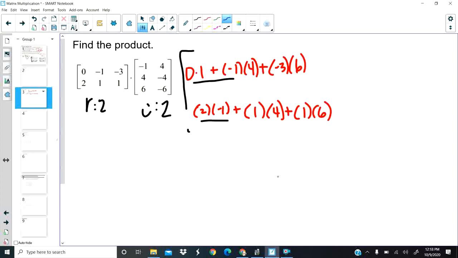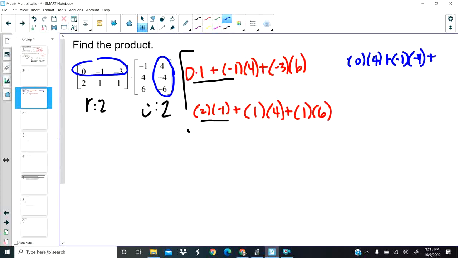So now I'm going to start on my second column in my resultant matrix. So to find row 1, column 2, I'm going to use row 1 from my first, column 2 from my second. So I would have in this position 0 times 4 plus -1 times -4 plus -3 times -6.